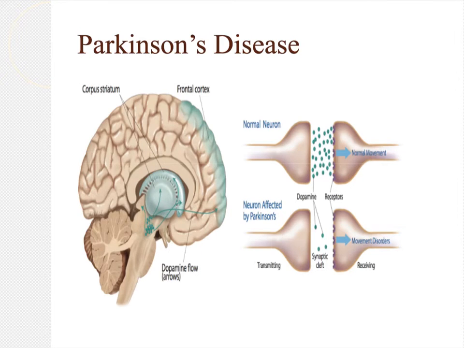The purpose of this slide is to help to understand the pathophysiology of Parkinson's disease. It's about the motor activity, how it occurs as a result of integrating the actions of the cerebral cortex, the basal ganglia, and the cerebellum. Movement is dependent on two major neurotransmitters.